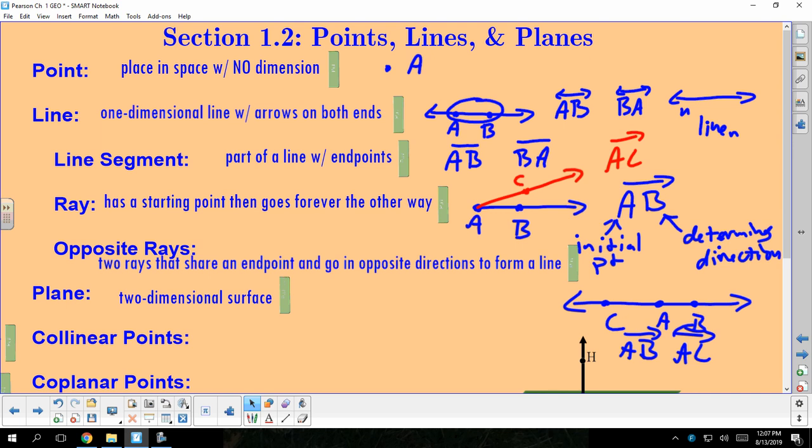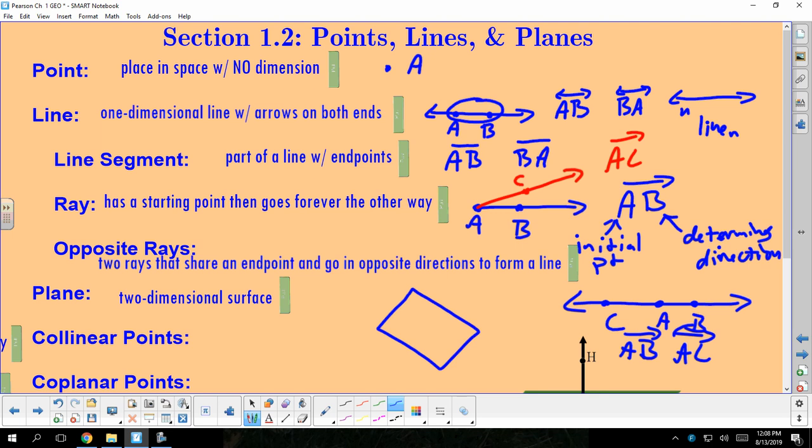Next idea. Actually, let me get into the naming conventions for our plane. A plane we typically draw looking like this. In order to name a plane, we need to use three letters, and three letters will define a plane.